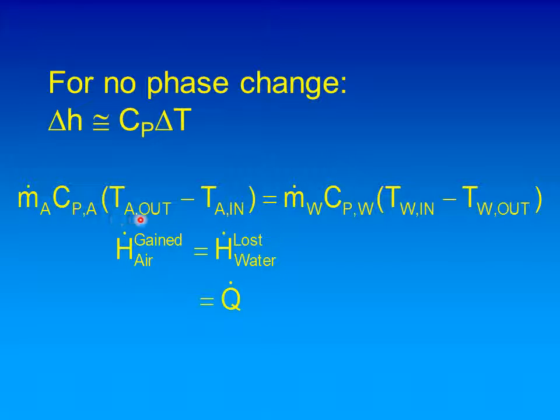That's the change in temperature of the air. It raised its temperature, so out minus in is positive, is balanced by the mass of the water times its Cp times its temperature in minus its temperature out, because the water is dropping in temperature, losing heat.